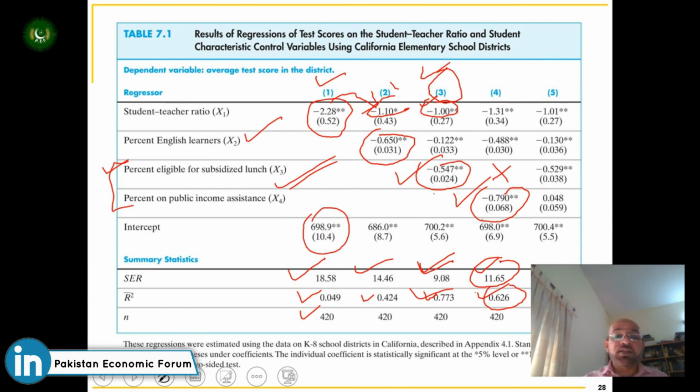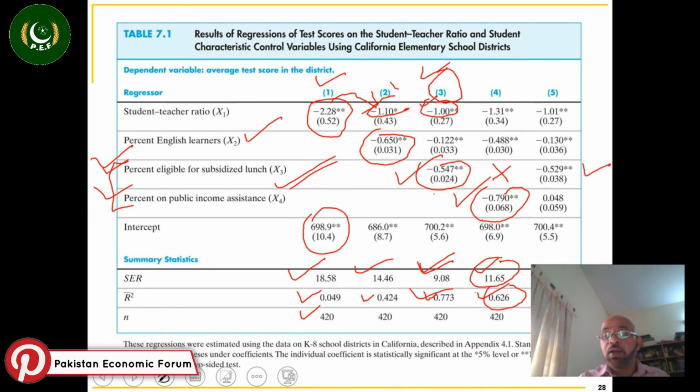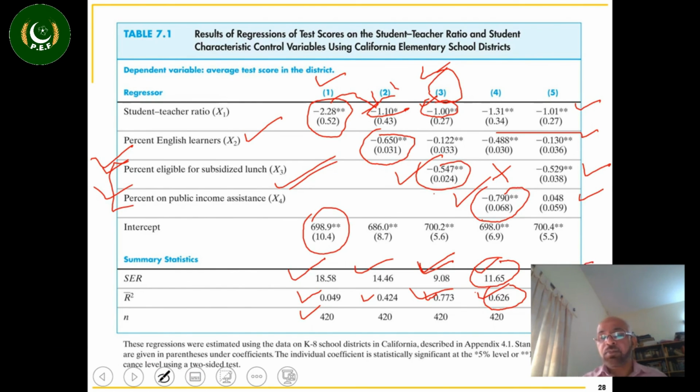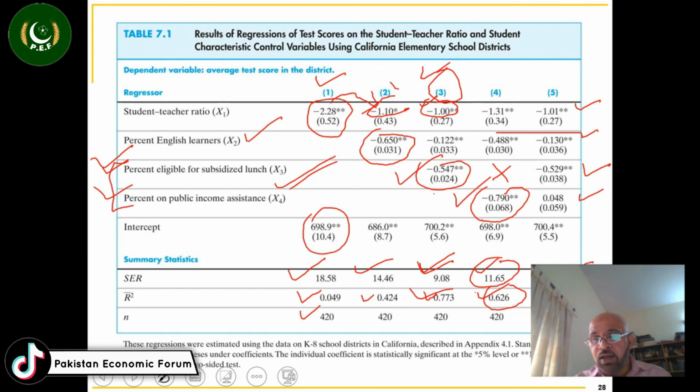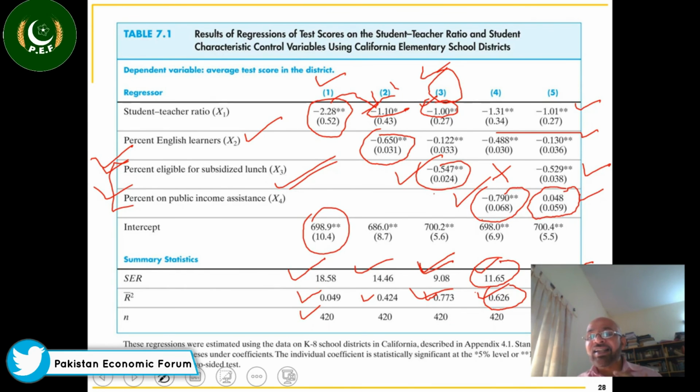Someone suggested, why not include both variables in the model? In model 5, the first variable and the second are simultaneously included, and results are exactly like model 3. What happens? Here this 0.048 coefficient is not significant, so it means it's redundant. It's an extra variable and it has reduced our degrees of freedom.